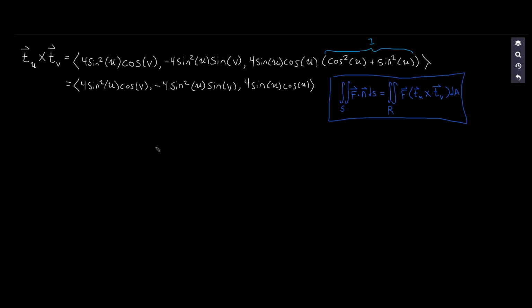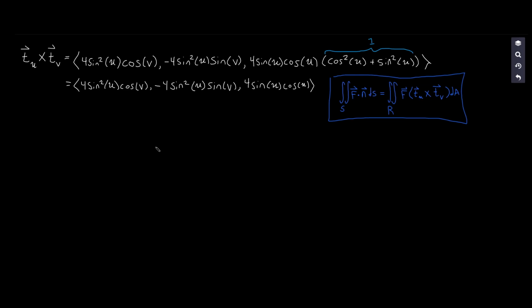Basically what we need to do is take vector f, which we're given the vector coordinates for, and dot it with the cross product that we've just generated, or recovered, from the tangent vectors, the cross product of the tangent vectors, which was the i hat, j hat, k hat stuff.